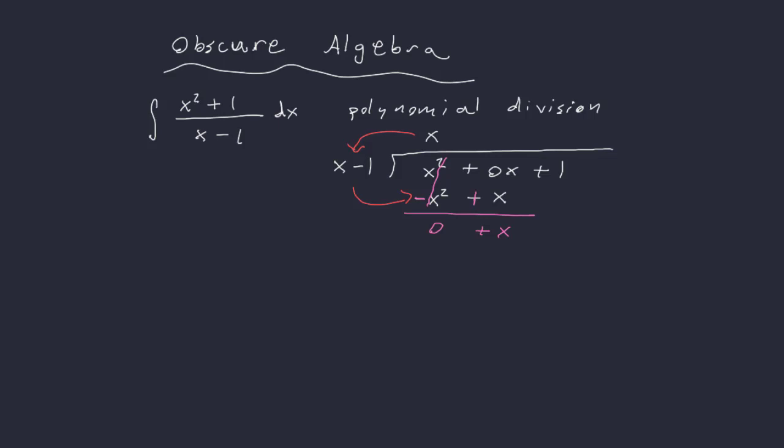Then next, what do I need to multiply this by to get an x? Before I do that, let me bring this down. We could do that later too. It doesn't really matter. But what we need is a 1.